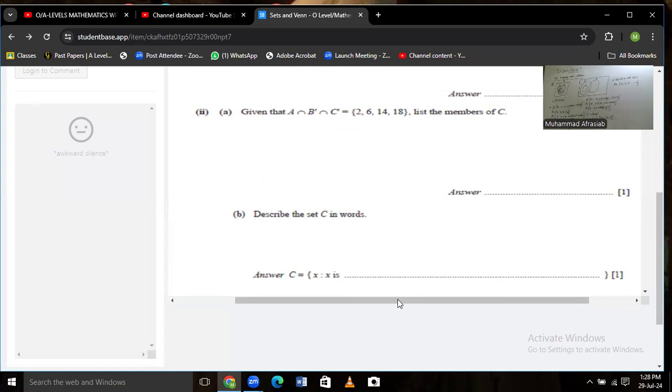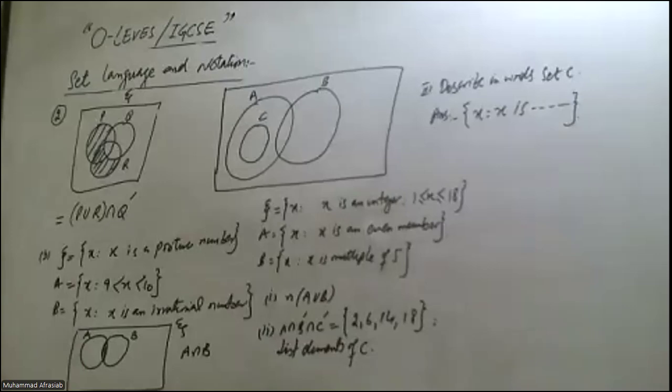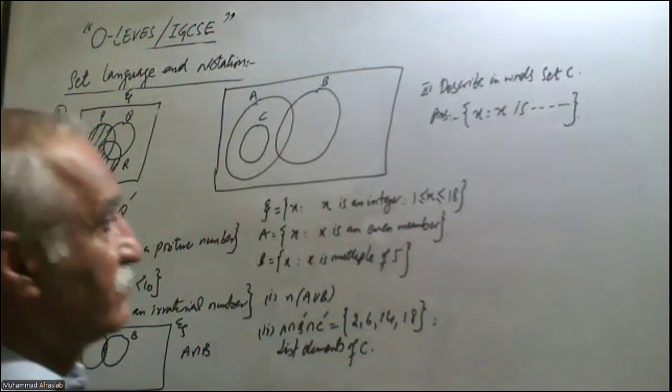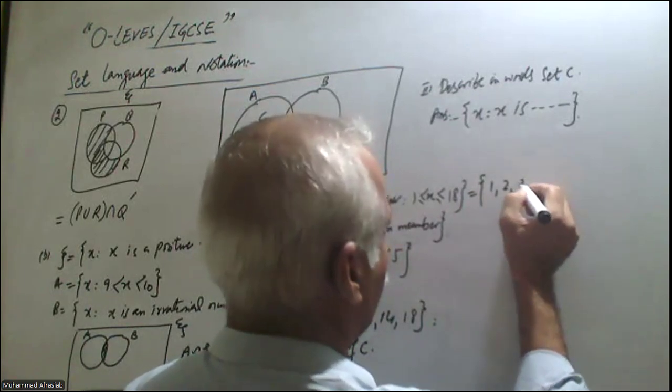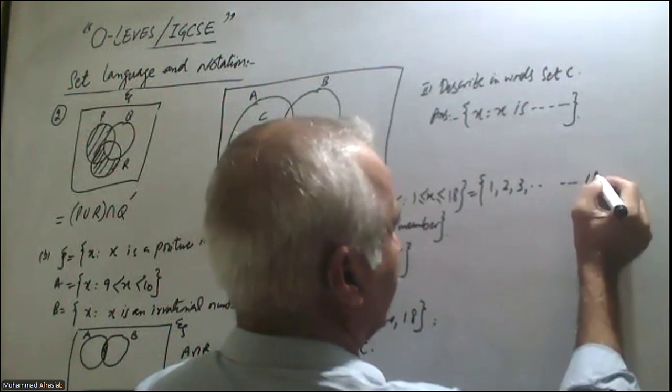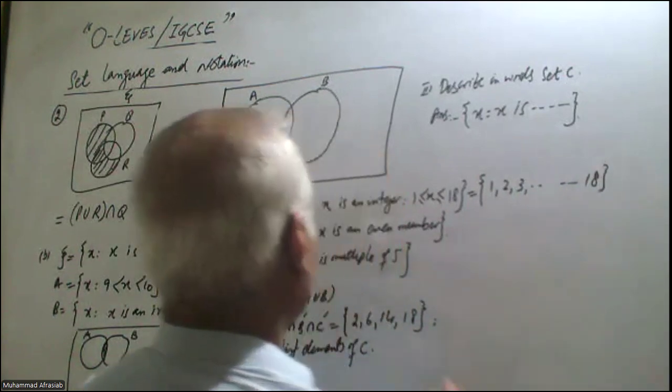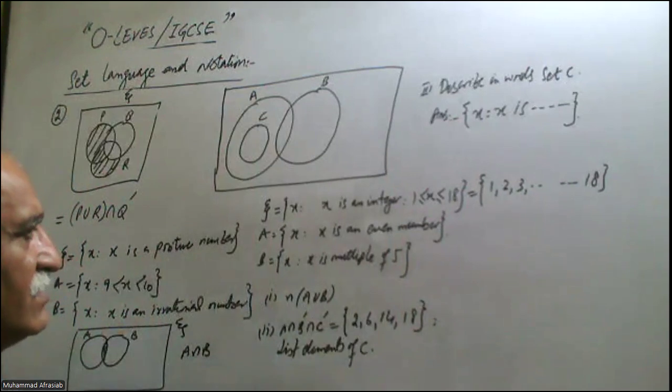Now we'll use the solution of this. When X is an integer from 1 to 18, we will first find the universal set, then find A and then B, and then we list the elements accordingly. Since X is an integer from 1 till 18, the universal set is 1, 2, 3 up till 18. Then X is an even number.